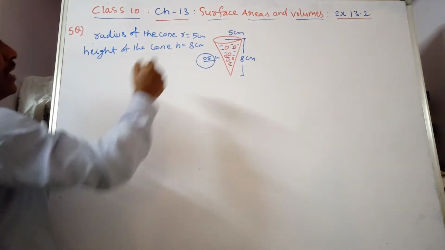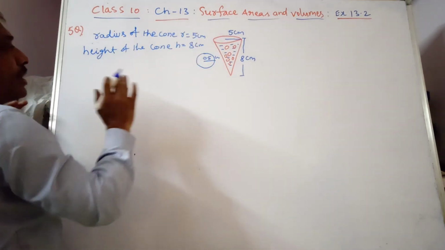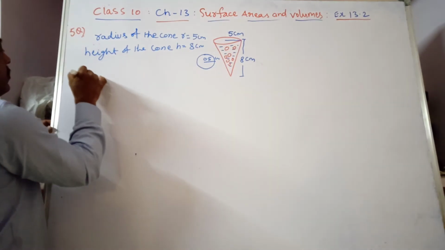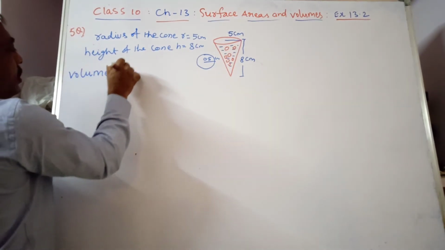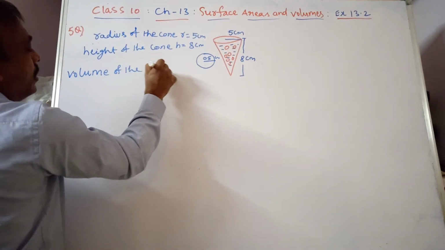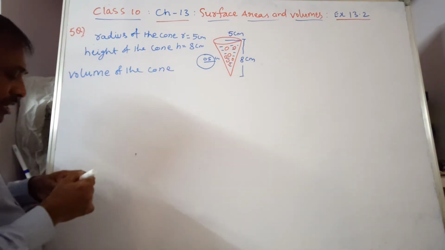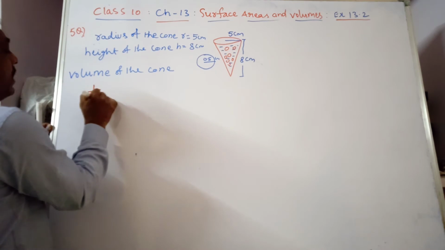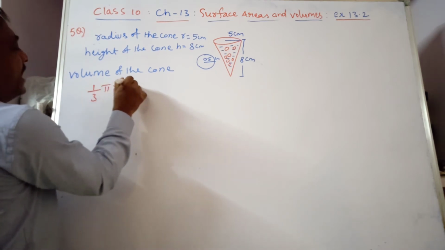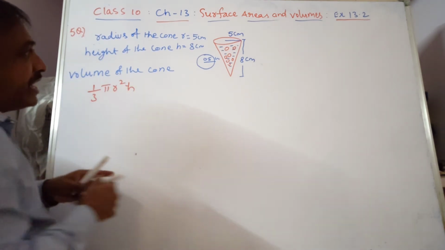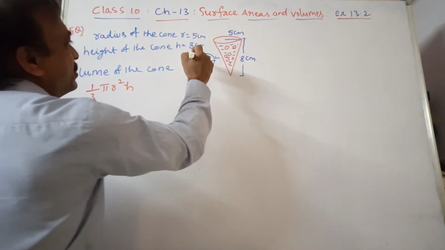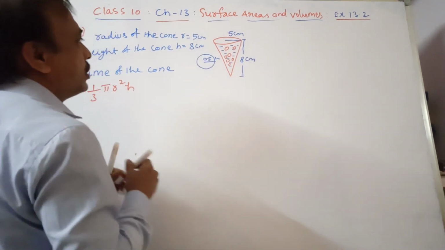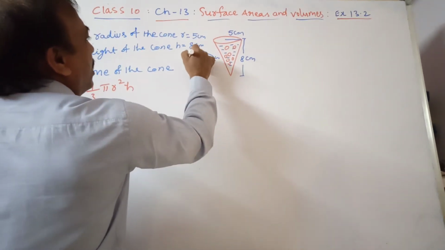And then the volume of the cone. What is the volume of the cone? It is 1 by 3 pi r square h. You observe it clearly. This is the diagram actually in the question, with spherical shots dropped in it.